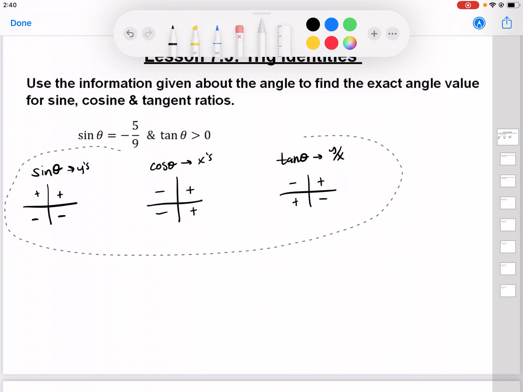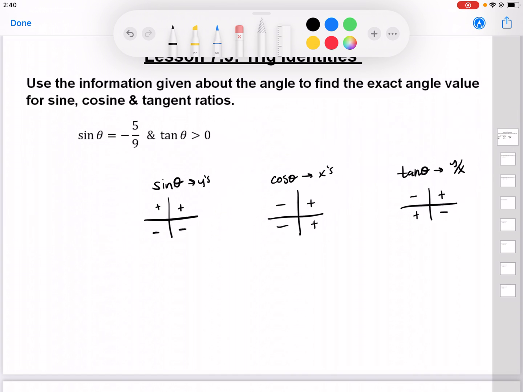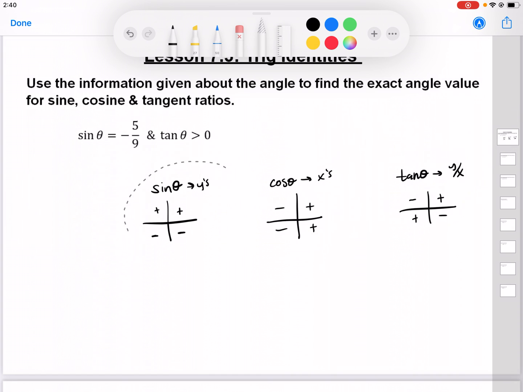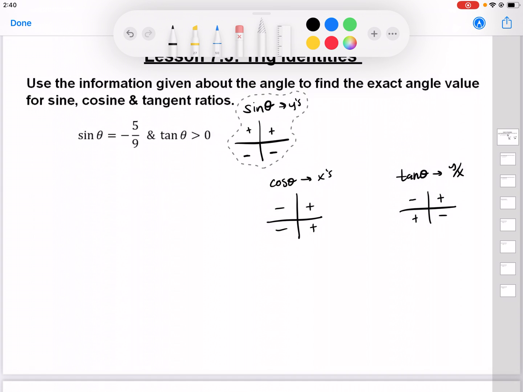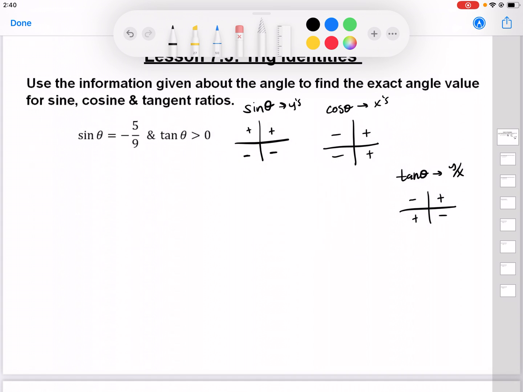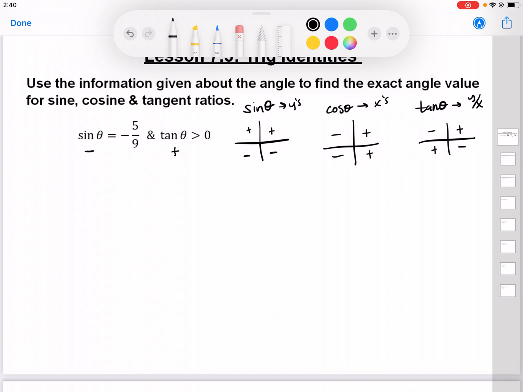I probably should move these over because they're now in my way. We currently have a scenario where sine is negative, and tangent of theta is bigger than 0, so it's a positive tangent.